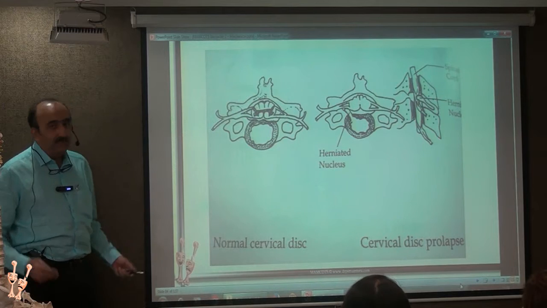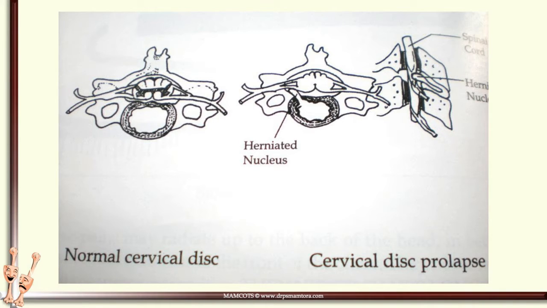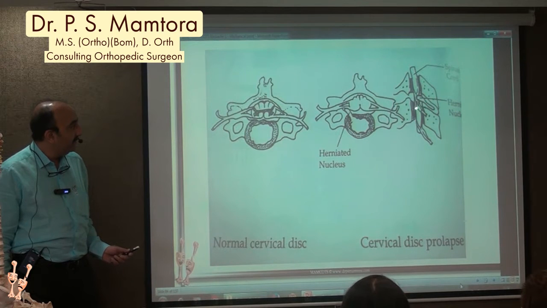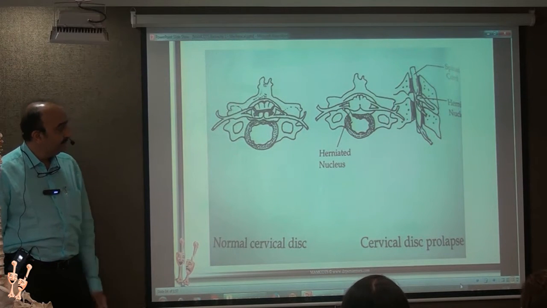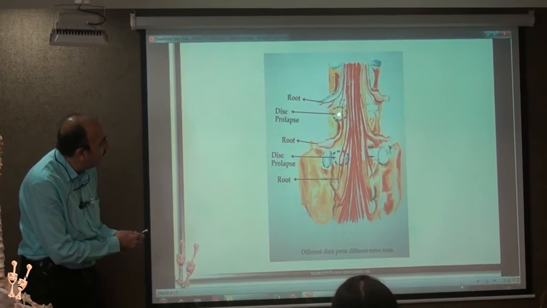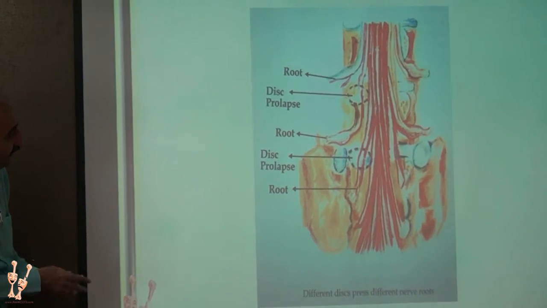Again, all these are visuals for you to understand the mechanics. See how the nerve root can be blocked because of the prolapse. Same, depending on where the disc is, you will get different roots affected.